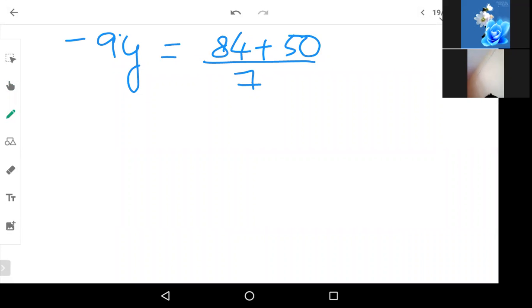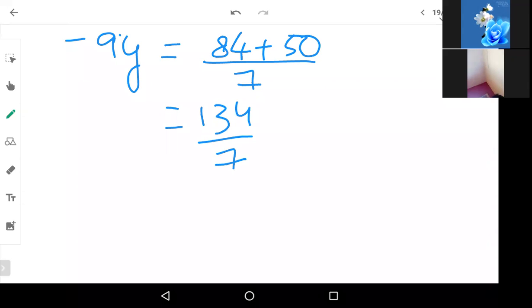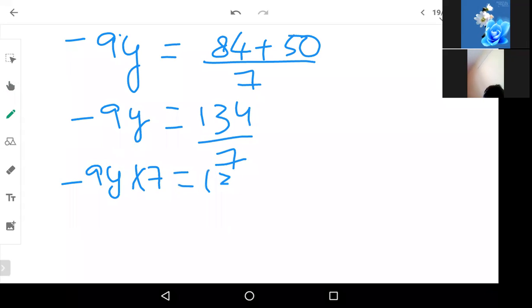Okay, now how much do I get? 84 plus 50, I get 134 by 7. Right, 134, and this side it is minus 9y. Now I can take this 7 to the other side and multiply it. So what do I get? Minus 9y into 7 is equal to 134.